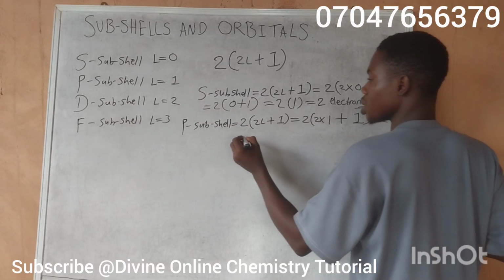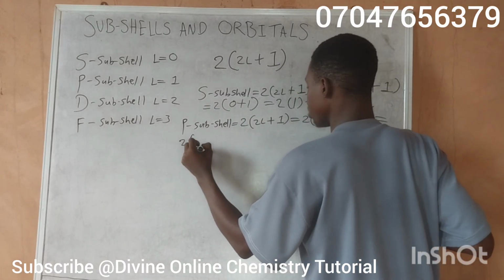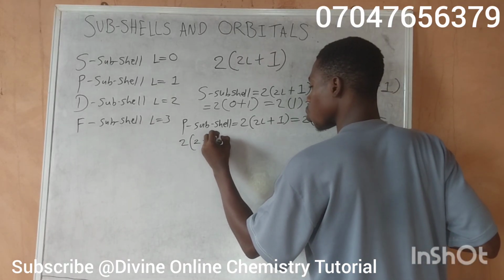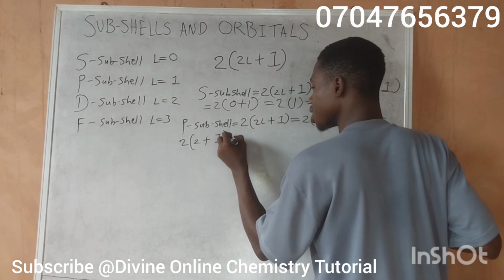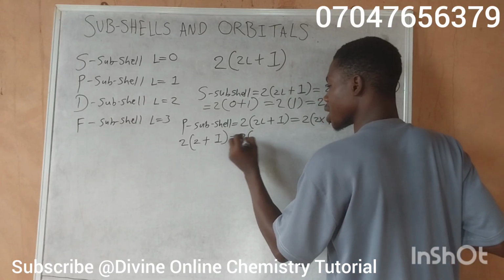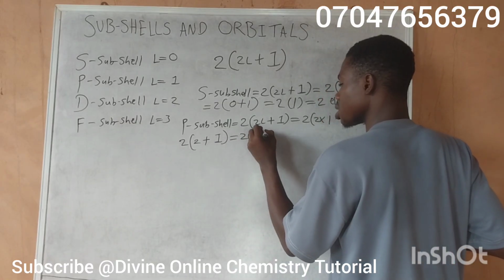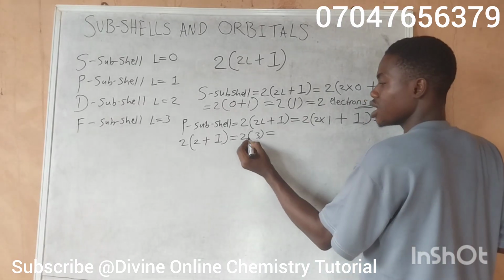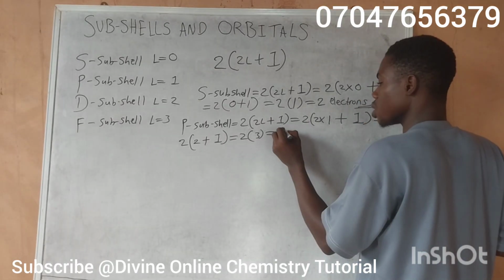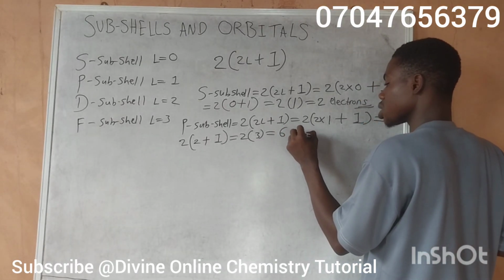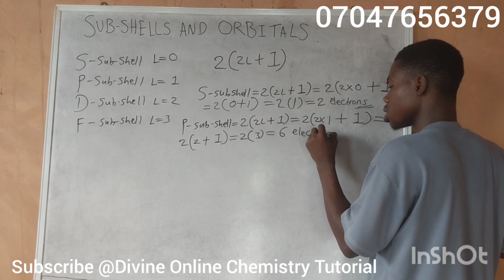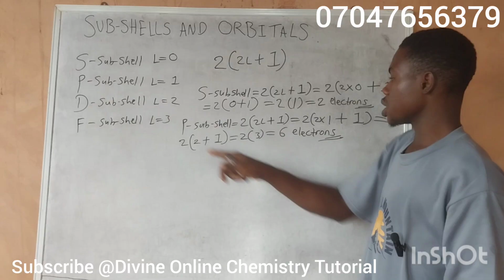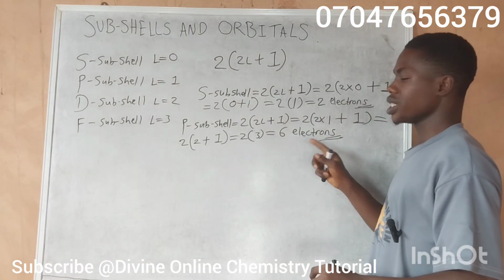Now 2 times 1 is 2, plus 1. Close the bracket, equal to 2 into bracket 2 plus 1, which is 3. Now 2 outside times 3, because bracket means times, will give us 6 electrons. So the maximum number of electrons that the P subshell can carry is 6 electrons. Please take note of this.